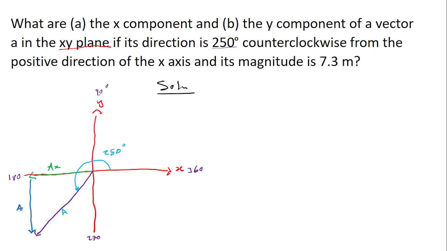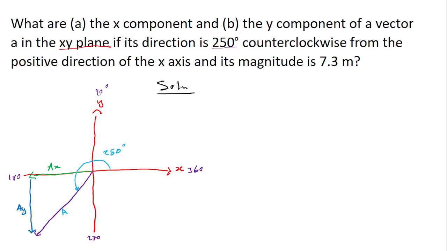So you have two components of the vector: the ax component and the ay component. When you talk of ax, it means the x component we are dealing with, and when you talk of ay, we are talking about the y component of this vector. Remember, we have been given the direction, which is the angle, 250 degrees.